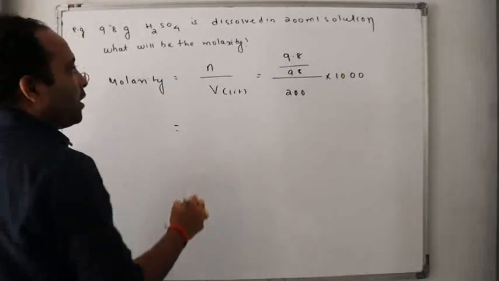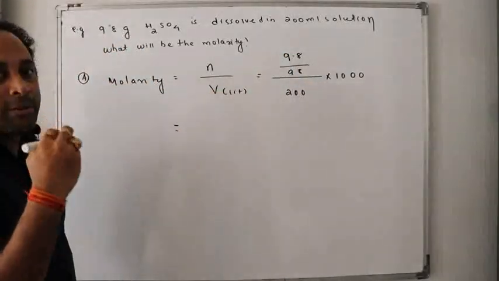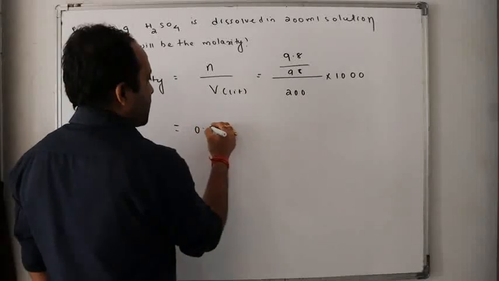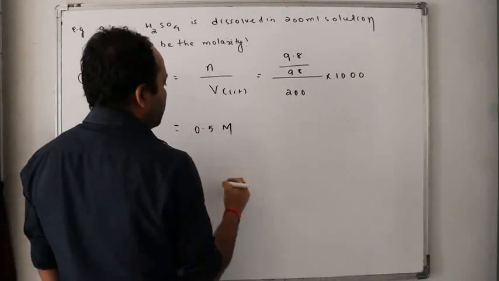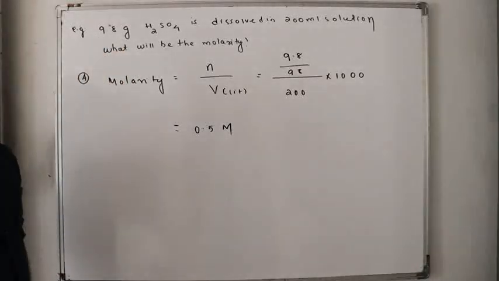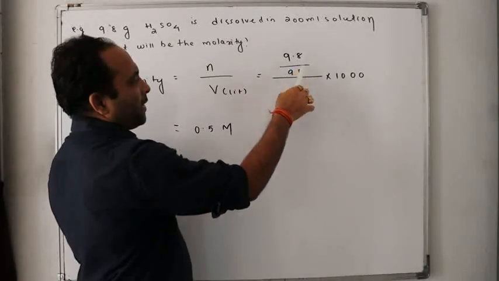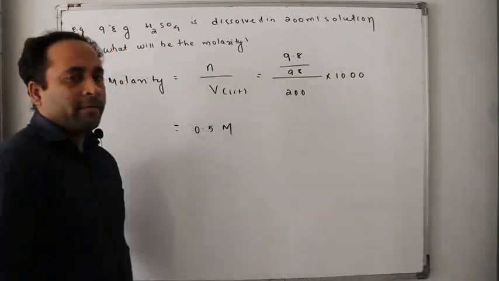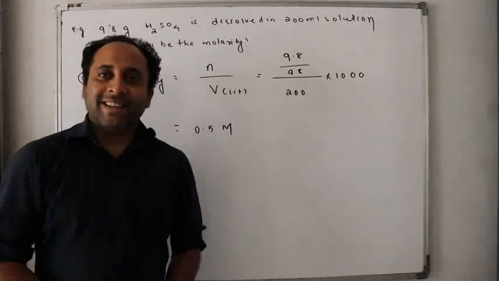So it becomes 9.8 in 10, 200, and it comes 0.5. Put capital M. Because this is 0.2 and this is 1 by 10, so it becomes 5. Easy?